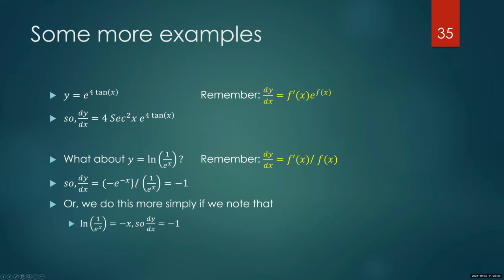And then that's divided by 1 over e to the power of x, and that's equal to minus 1. Now, to do this more simply, we could simply note that the natural log of 1 over e to the x is minus x, because 1 over e to the x is equal to e to the power of minus x. And so dy dx is equal to minus 1 as well.